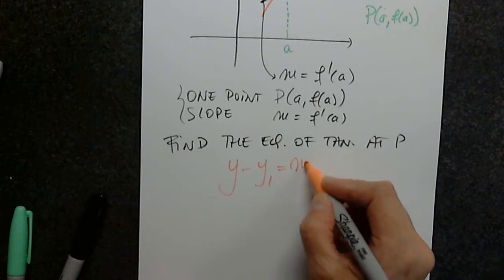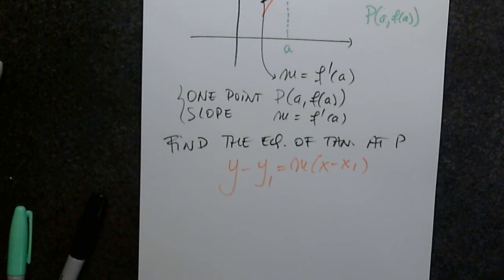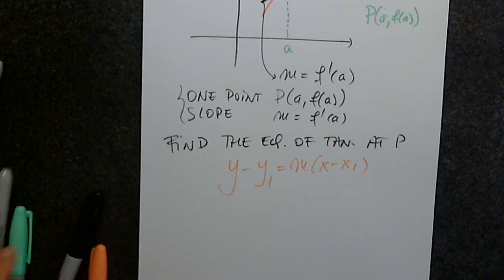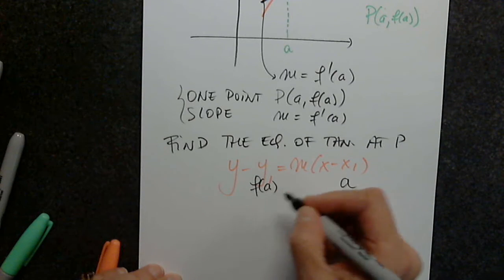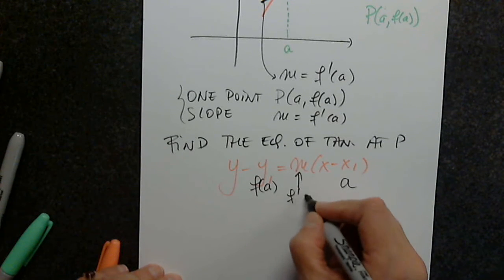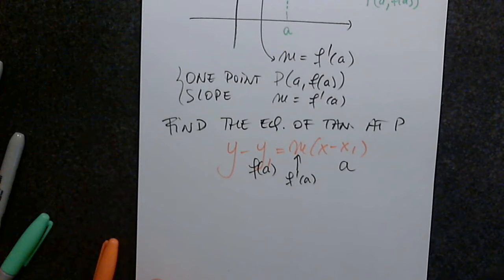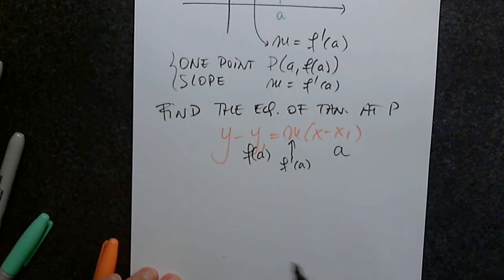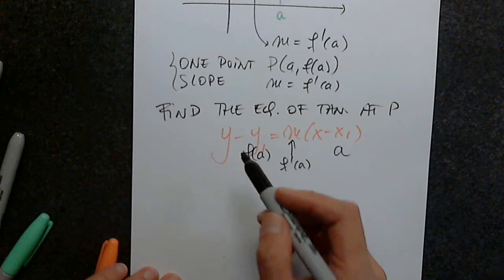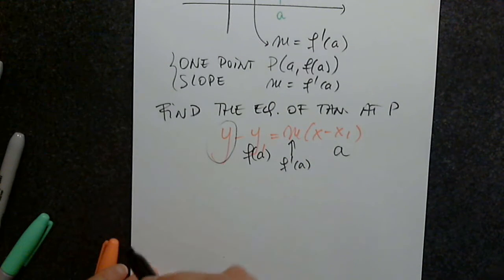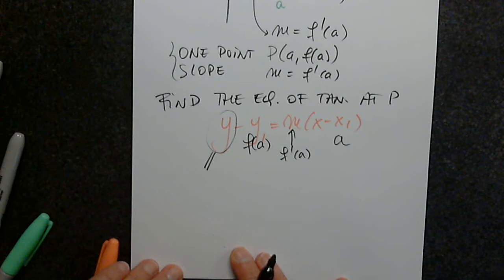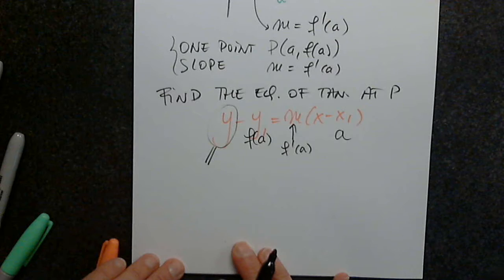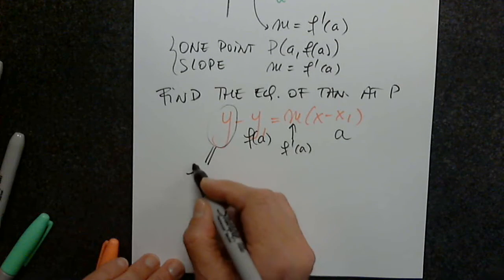Very good, awesome. Perfect. I do have the point a, f of a, and I have the slope f prime of a. Can anyone dictate the next step? Allow me to replace y by what do you think? What do we always replace y by when we need it? Of course, f of x.